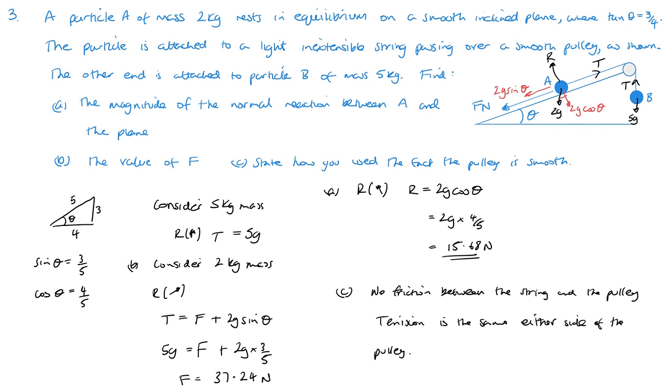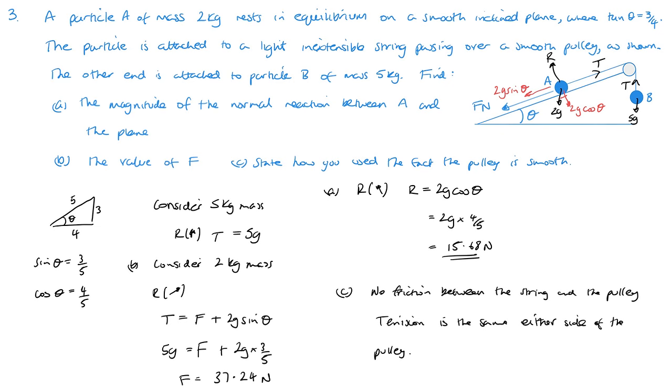Because if we include friction, it might be acting in one direction, which would mean that the tension on either side of the pulley would actually be slightly different. So having a smooth pulley means that the tension remains the same both sides of the pulley. So that is number 3 done.